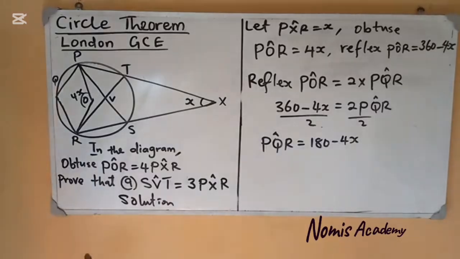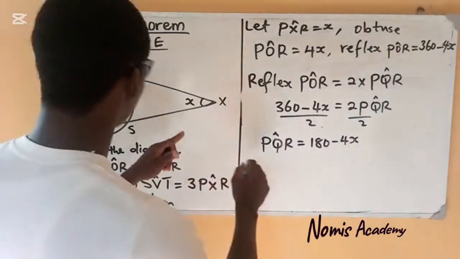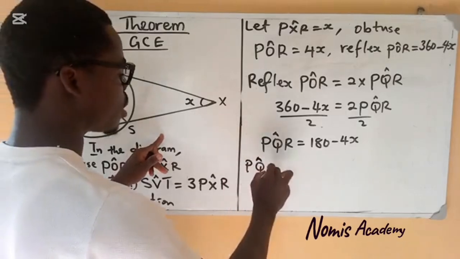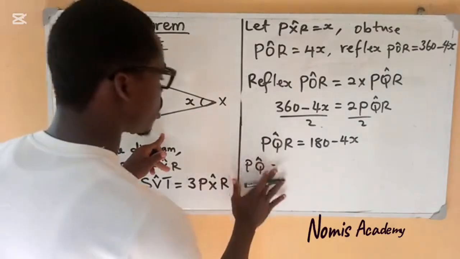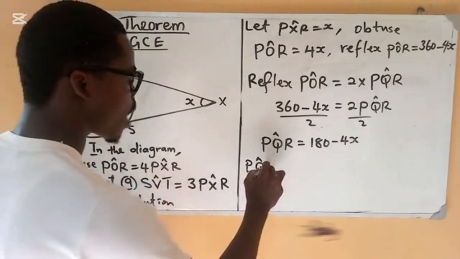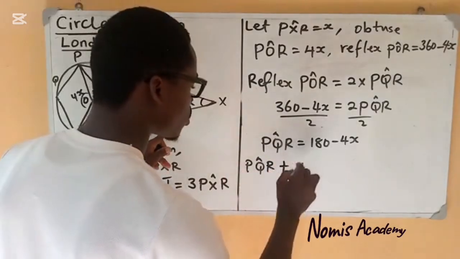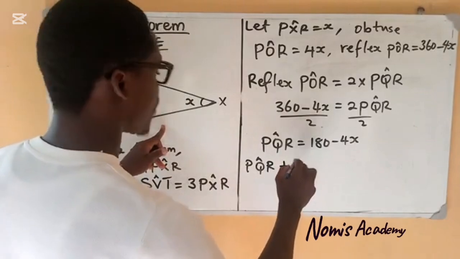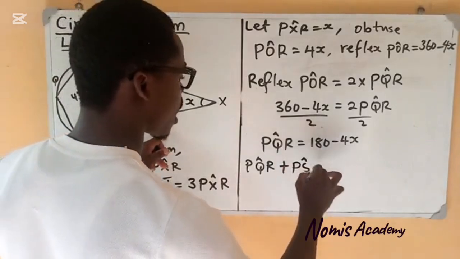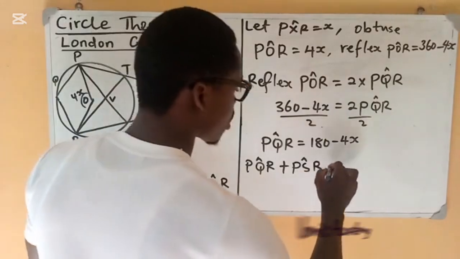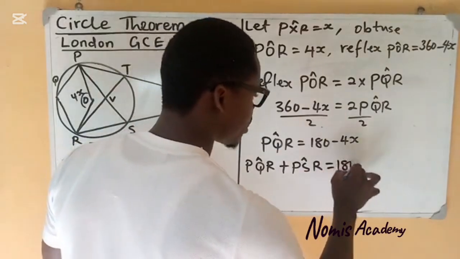All right, now let's proceed. You agree with me that PQR plus PSR sum up to 180 degrees.